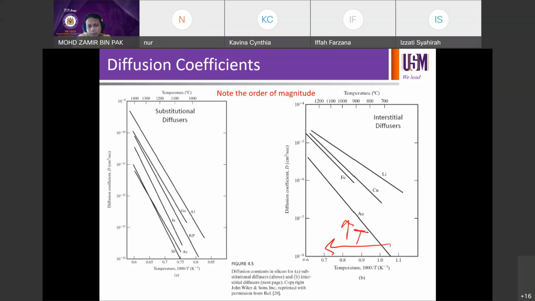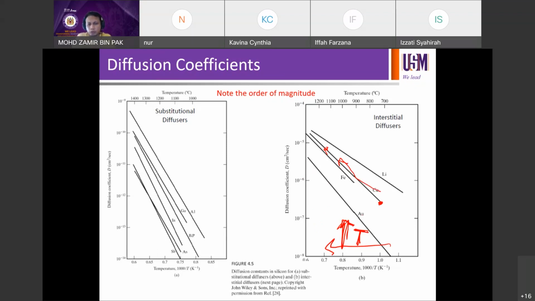So look at the diffusion coefficient. It's going to increase as well. If you look at copper, for example, at low temperature, and then go to high temperature, you can see the change in diffusivity from 10 to the minus 7 to close to 10 to the minus 5.